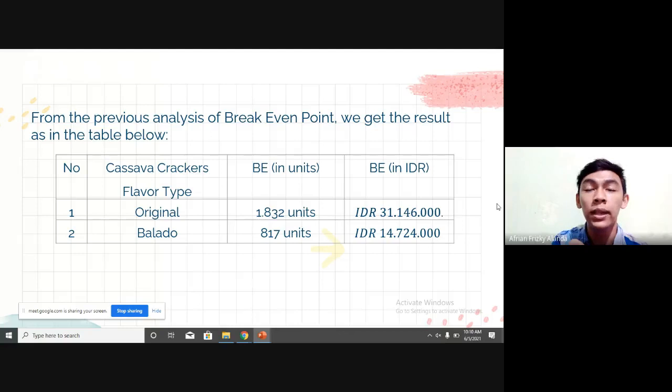And the break-even in the rate of price for the cassava crackers of original taste is 31,146,000 rupiah, and for the balado taste is 14 million 724,000 rupiah.